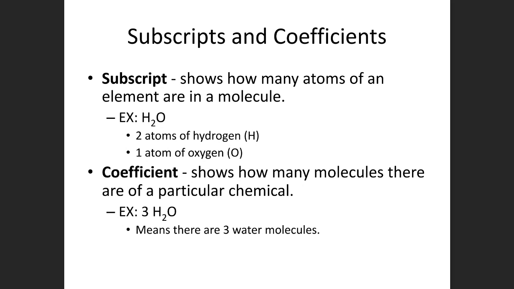Coefficient shows how many molecules there are of a particular chemical. So like how many moles or molecules. So here water with nothing in front means this is 1 mole or 1 molecule of water. If we have 3, then this coefficient represents 3 moles of water.